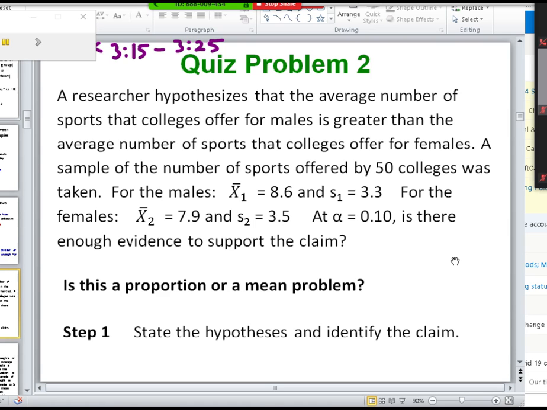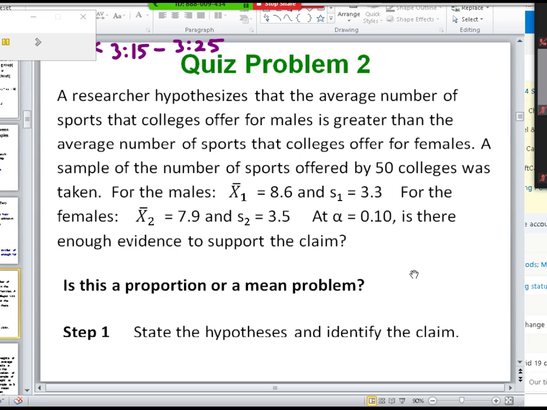Great. Now what's my sample size? I sampled the number of sports offered by 50 colleges. So I go to 50 colleges. Does that mean I asked half of them about the men and half about the women, or what did I ask each college? You go to a college, you're going to ask them, how many male sports do you have? How many female sports do you have?